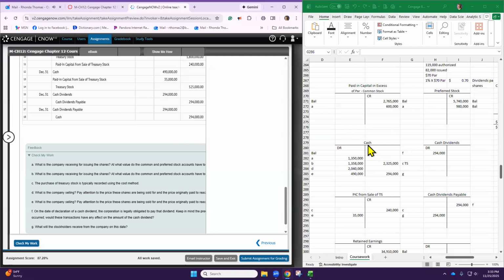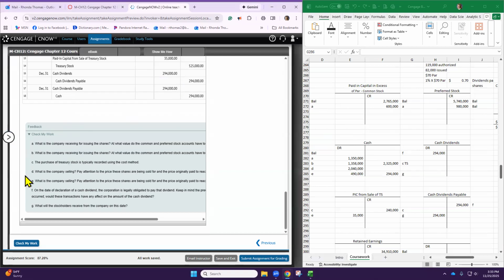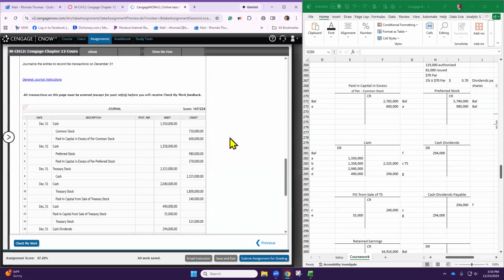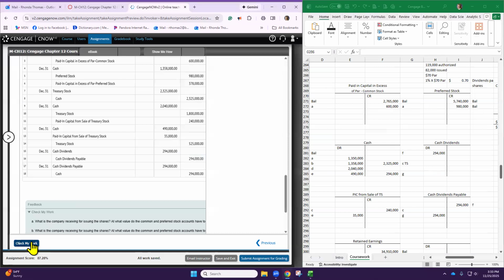Now, if this is wrong, we'll go fix it and see if that one will work. They just didn't follow through with the numbers that they made changes for. All right, let's check the work.